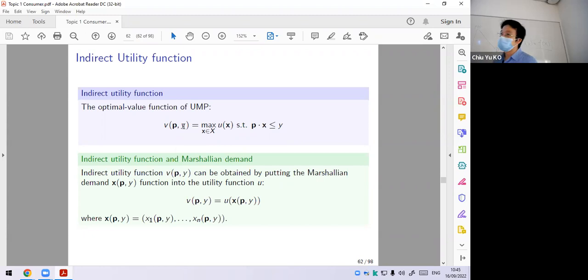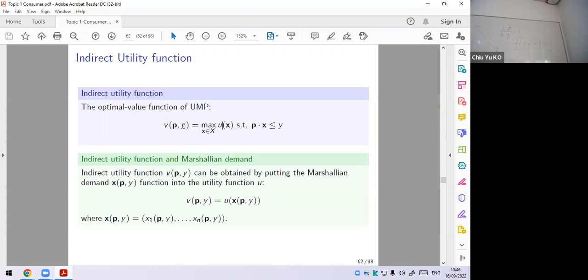And you may ask why we care about this. This is very important for empirical work, because we can observe the price and observe your income, and this is something you can easily measure compared to others. Suppose you assume some form of the indirect utility function, then you can easily do things compared to the simple utility, because you can always make an assumption on this form and start a regression.